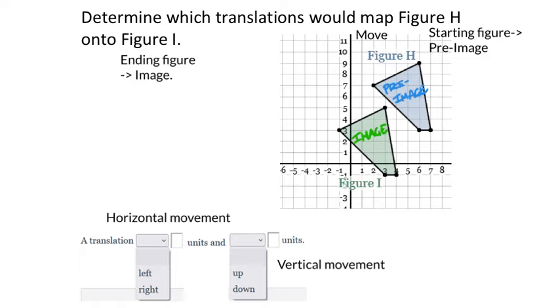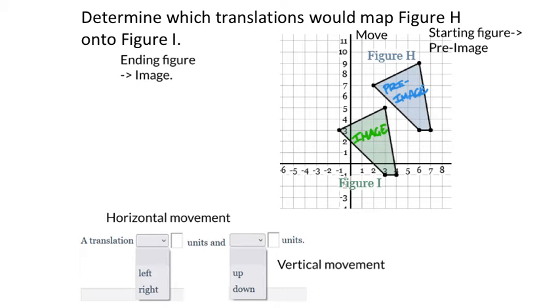Now you can look at the whole image and preimage, but really, I like to focus on just one point, because even if you've had just a tiny bit of experience with computers and moving windows, you notice the sizes of these two figures don't change. So we're not really concerned about that right now. We will later. You could just look at one point at a time and then see how far those have been moved.